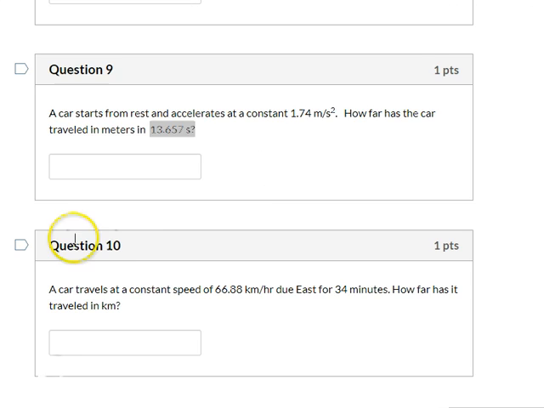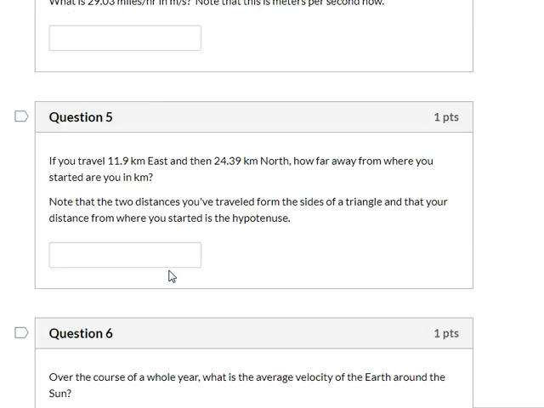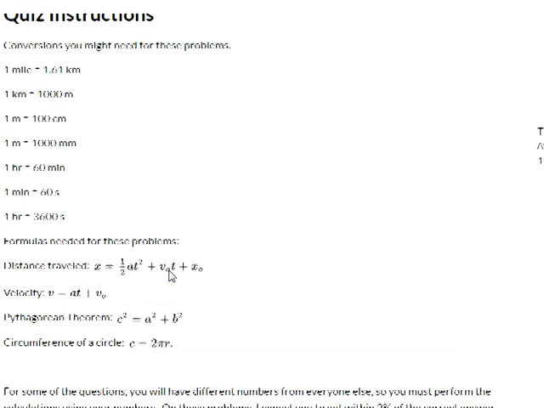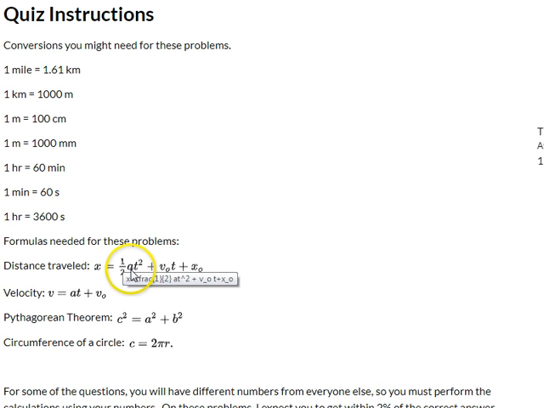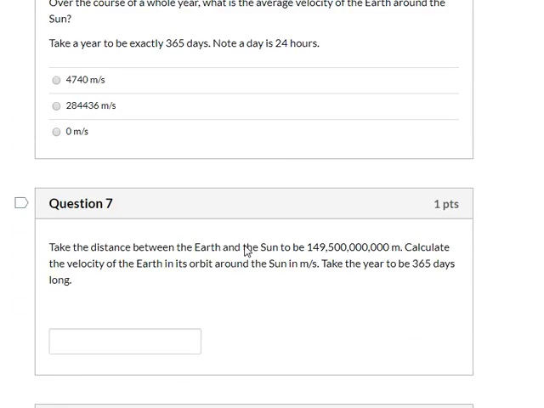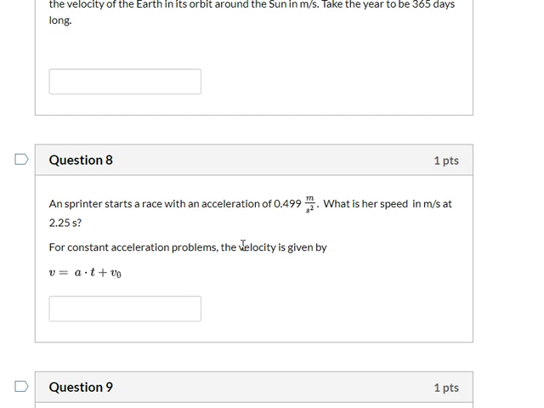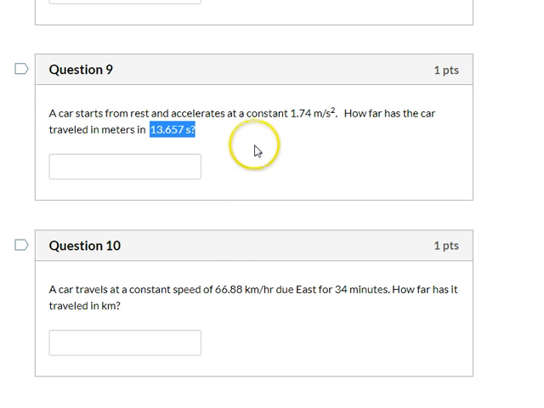So you go back and you look at your equations. And you're like, okay, what equations do I have? Oh, wait, I've got this one. I know acceleration, I know time, I know initial velocity, I know initial position. All of this helps me calculate my position at some later time. And so this distance traveled equation is the one you're after for problem 8, not problem 9, sorry. That's what you're after at problem 9.